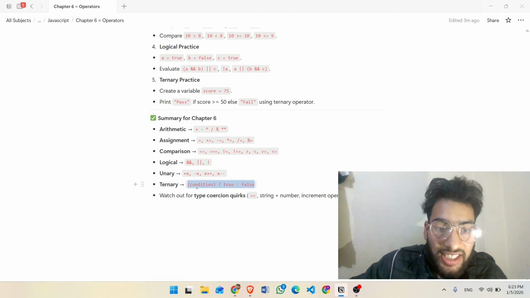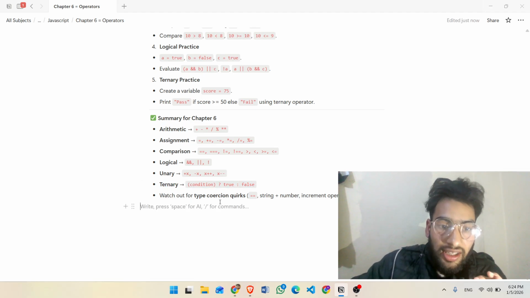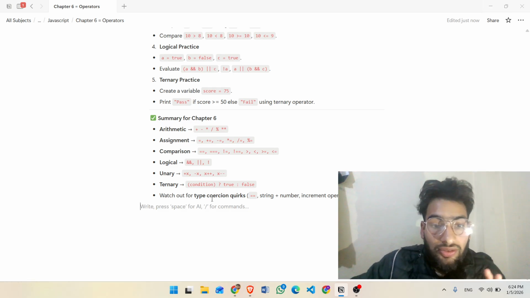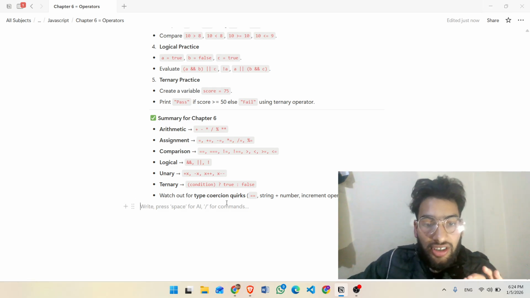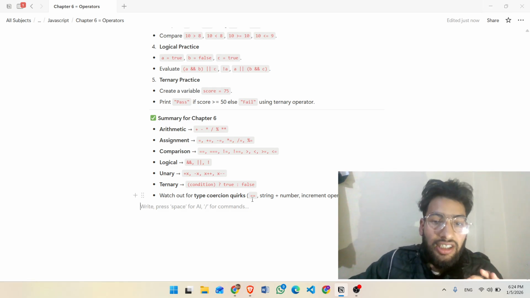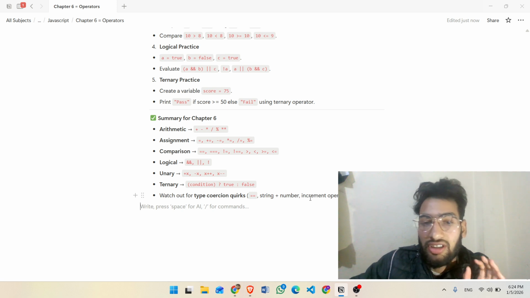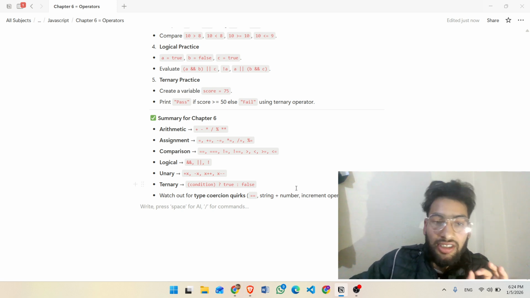This is the part of three, that's why we call them ternary operators. So watch out for type coercion quirks, string plus number, and increment operators.